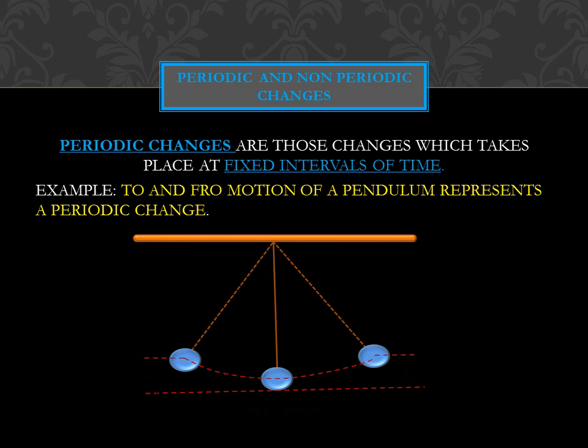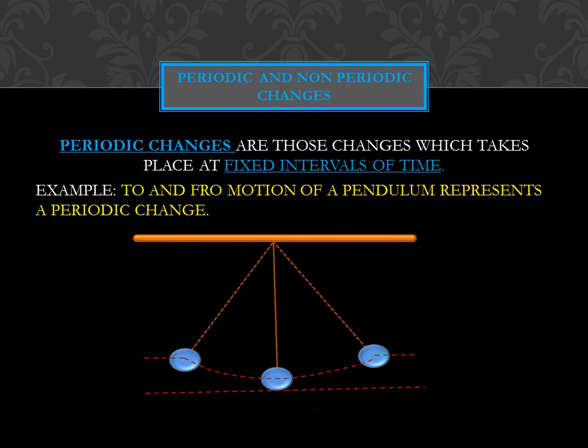Those changes that occur at regular or fixed intervals of time are called periodic changes. I have already shared the picture of the pendulum here. We know that the pendulum takes fixed time to go from its mean to its extreme position. The changes occur at a fixed interval of time.